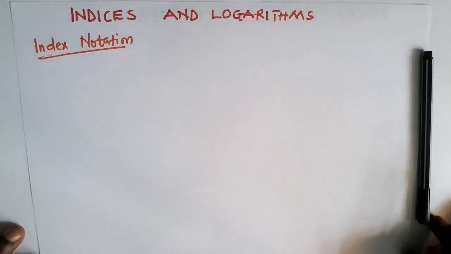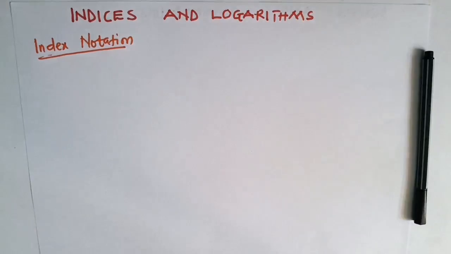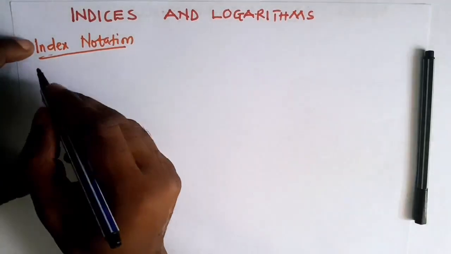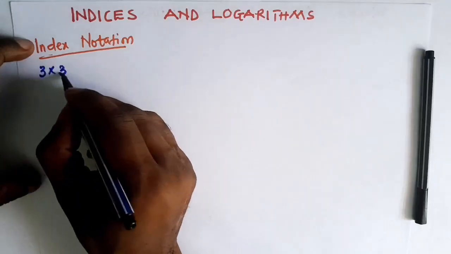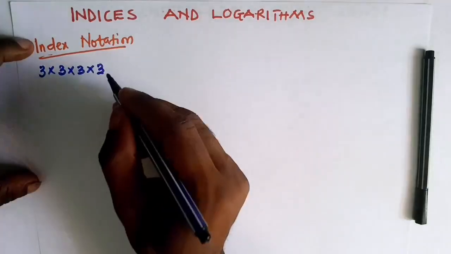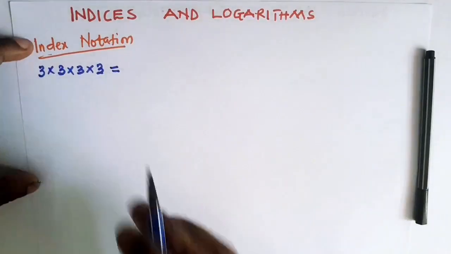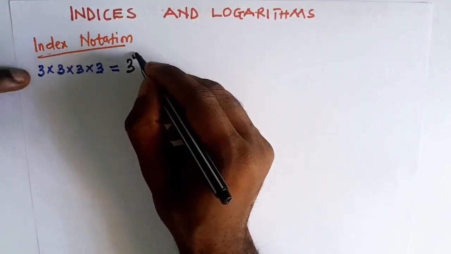First of all, we are going to look at what we mean by index notation. The index form, or the index notation, is the simple way of writing numbers. So for instance, when we have the product of 3 by 3 by 3 by 3, we can simply write this as 3 index 4.